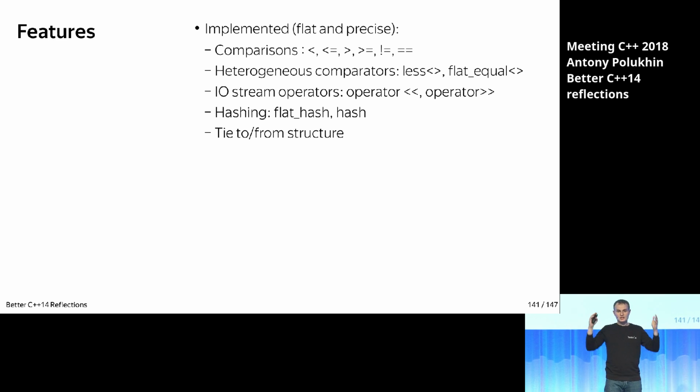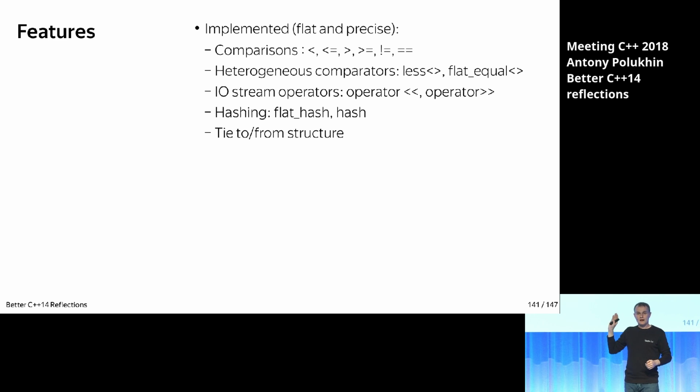You can initialize your structure from std tuple. You can initialize std tuple from a structure. You can initialize a structure from a structure, but they have different types. You can write your own serializers and other stuff. That's all we have out of the box in the Boost PFR library. Well, a little bit more than that, but that's the generic idea.